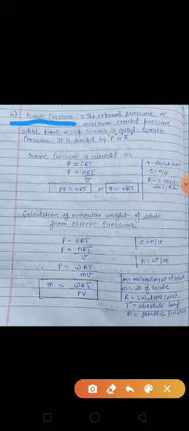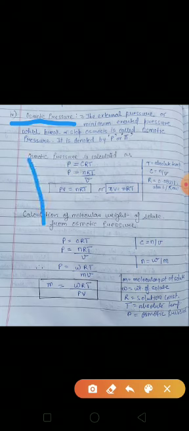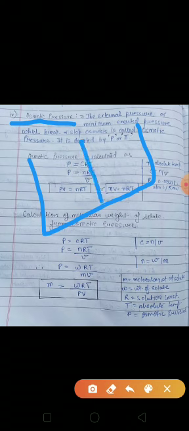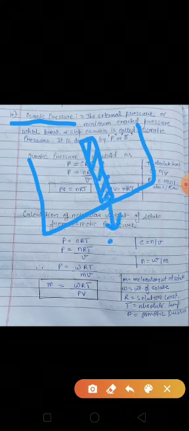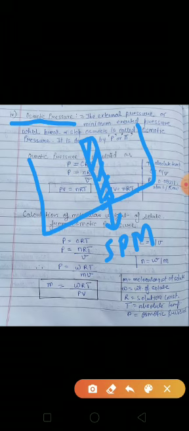What I am saying, just see in the figure. Suppose we are taking two solutions of different concentration and we are separating them with a semi-permeable membrane. As I said, a semi-permeable membrane allows only solvent particles to move.